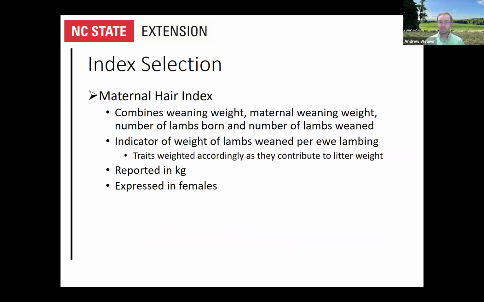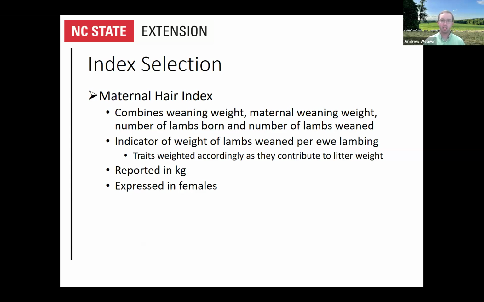The maternal hair index, this is often just listed as the hair index, and that one can be a little bit confusing, especially to new folks. The hair index is not a predictor of shedding ability. It's just the way we describe or label the maternal index in our Katahdin sheep. It is the maternal hair index.